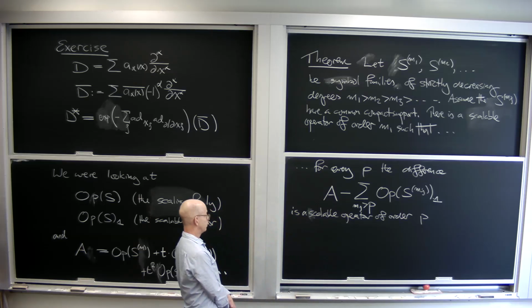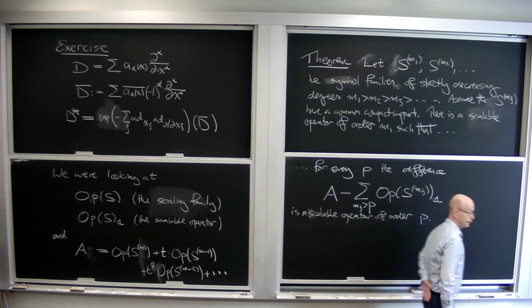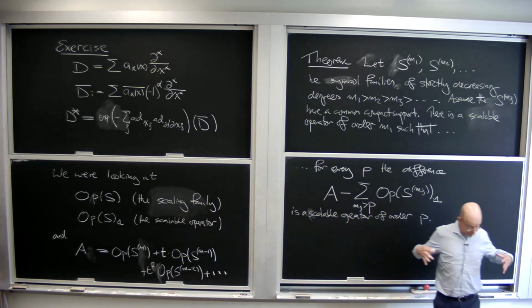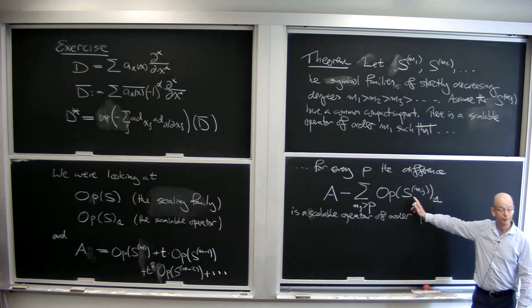But anyway, it has order no more than P. So in this sense, A is like the sum of all of them. If you think of this notion of order, this filtration is telling you what convergence is about, then the series in that sense converges. It converges in some adic topology to A. The infinite series converges in some sort of adic topology to A.